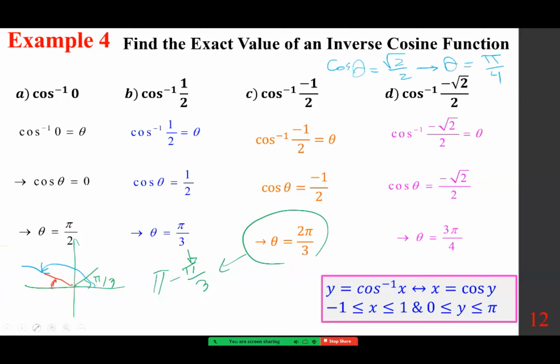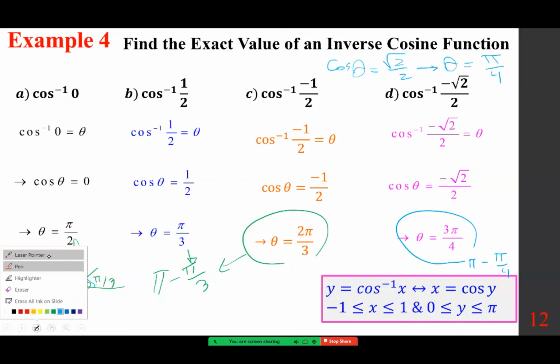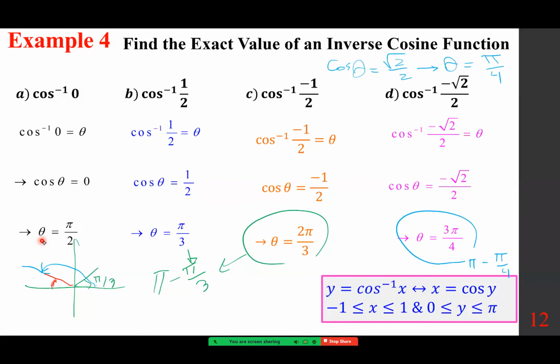Again, I'll show you that here. So this value is pi minus the reference arc pi over 4. You should really be very comfortable with that as we have an exam regarding this concept. All right, we are going to move on.